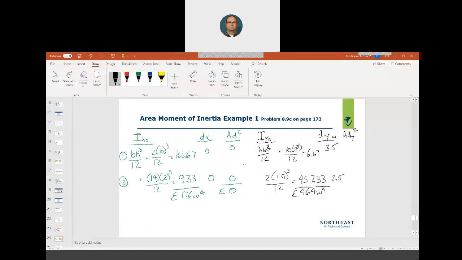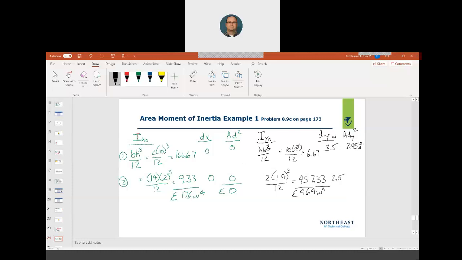The area of component 1, from this sheet, is 20. So 20 times 3.5 squared equals 245. I'm adding a moment of inertia of 245 inches to the fourth.